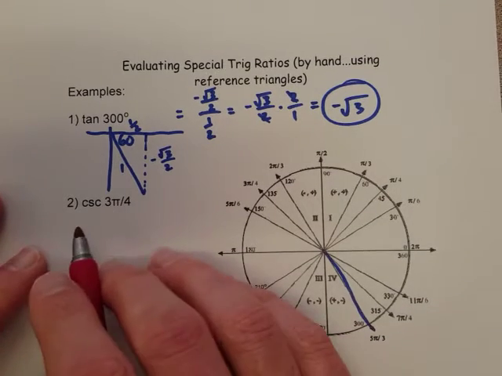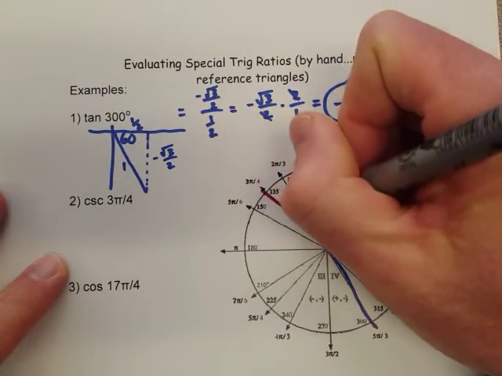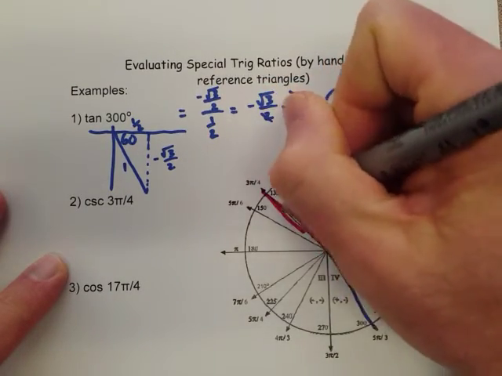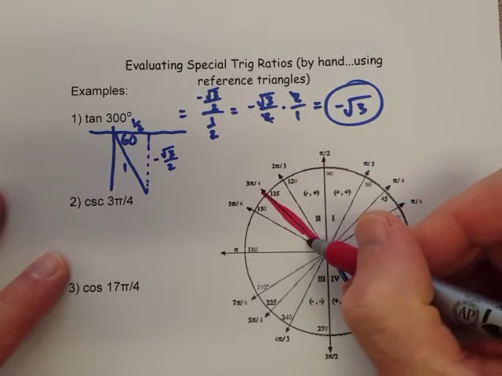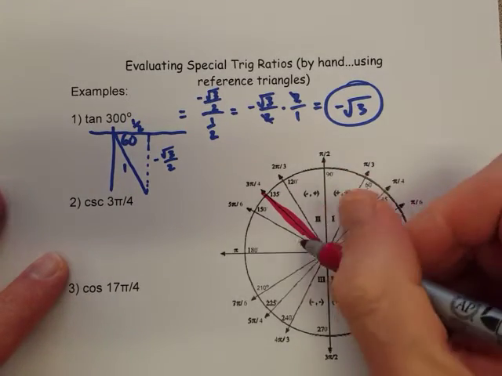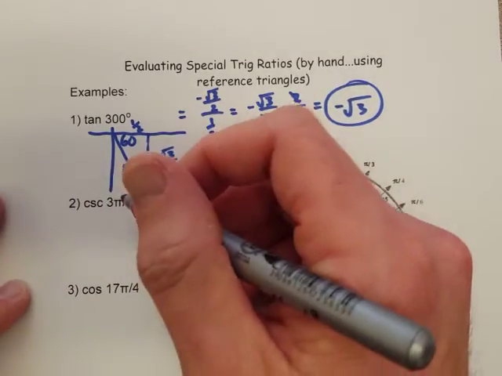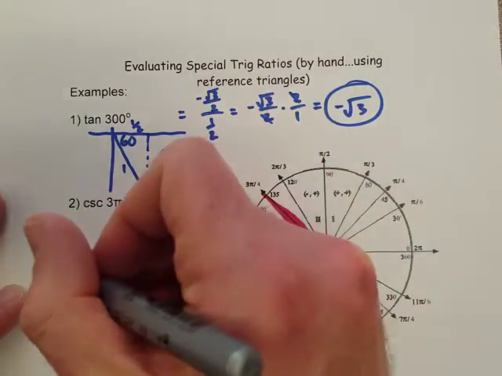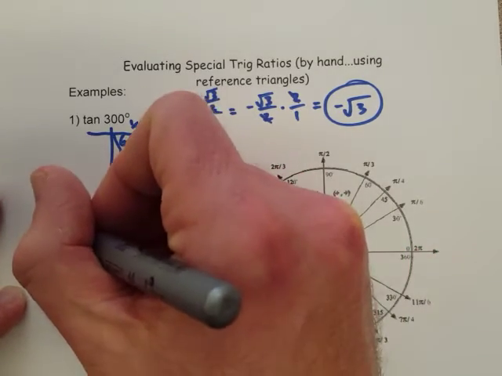Next up, we have cosecant of 3 pi over 4. All right, that's right here. 3 pi over 4, that is 135. So the amount back to the axis, the horizontal axis right here, is a 45. So that means we're looking at our 45, 45, 90 triangle. Draw that triangle in the second quadrant.